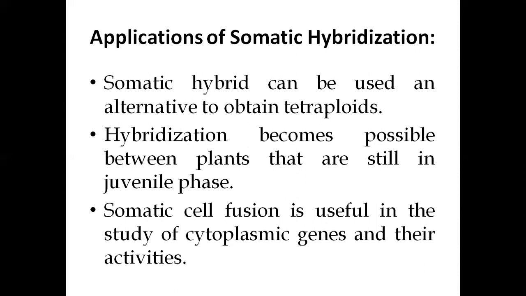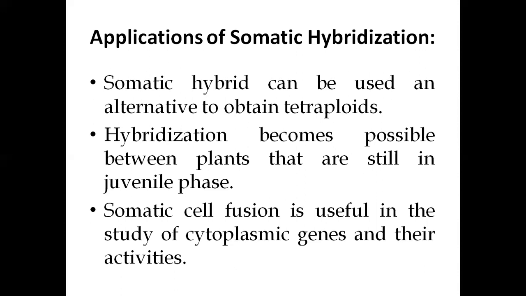In addition to that, we can also transfer the stress resistant genes, especially abiotic stress resistant genes or herbicide resistant genes, and other quality characters can be transferred by using the somatic hybridization. This is regarding the applications of somatic hybridization.